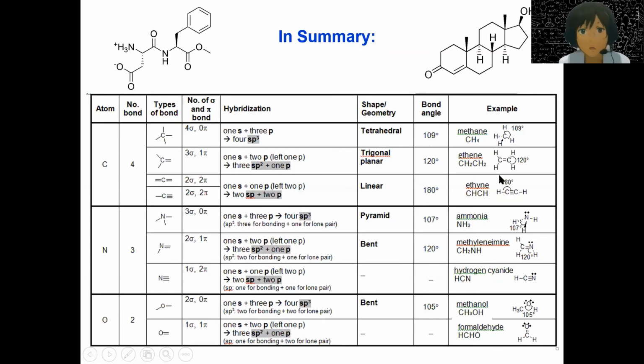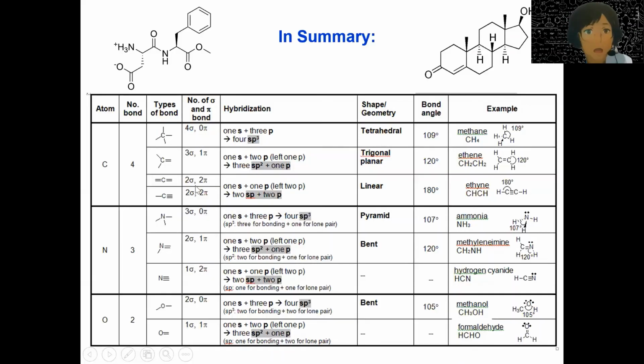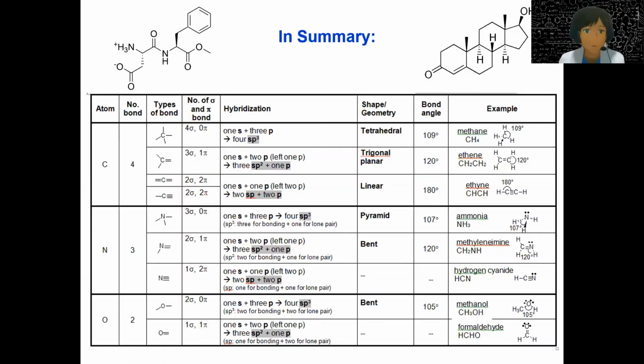Example is ethene, which has a double bond in between the carbons. Next we have two double bonds, or your one triple, one single bond. That means it's sp hybridization.